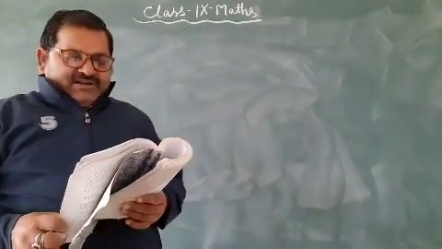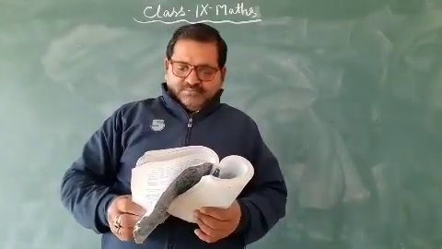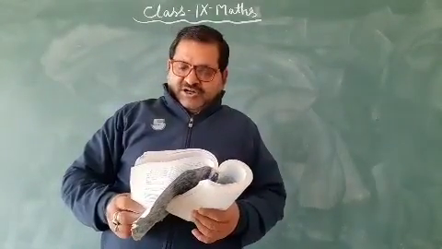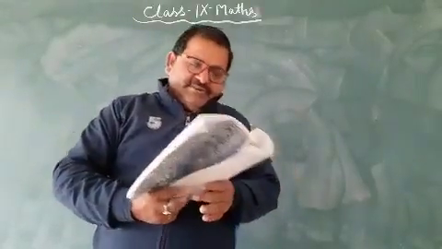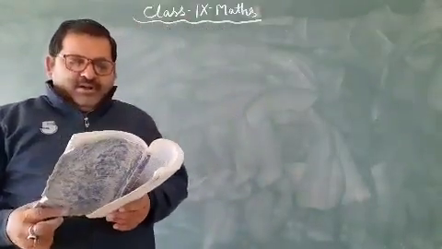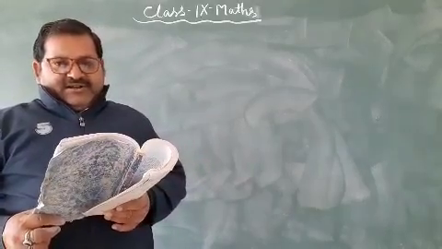A lead pencil consists of a cylinder of wood with a solid cylinder of graphite filled in the interior. The diameter of the pencil is 7 millimeter.